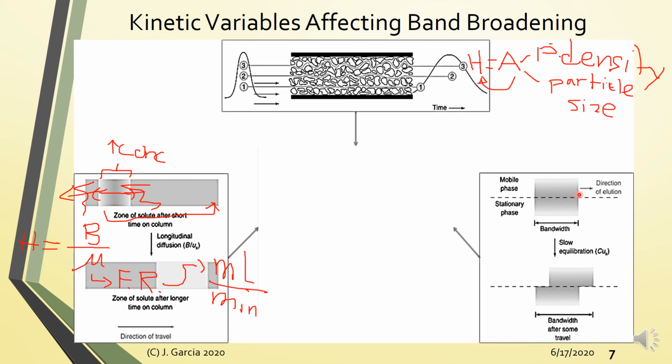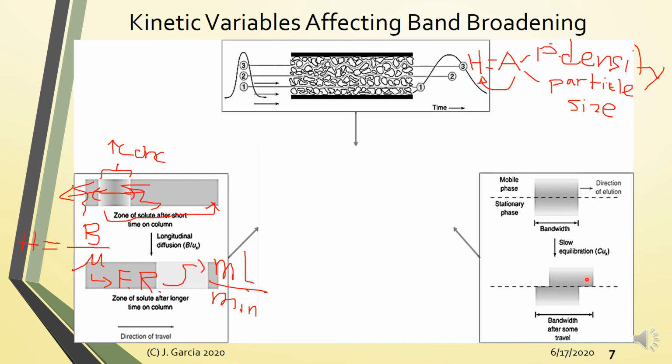But if you increase the flow rate, the solute that is in the stationary phase will not have enough time to equilibrate back to your mobile phase, and because of this you have a band spreading phenomenon. The flow rate is too fast, so the solute from the stationary phase cannot immediately move back to the mobile phase.